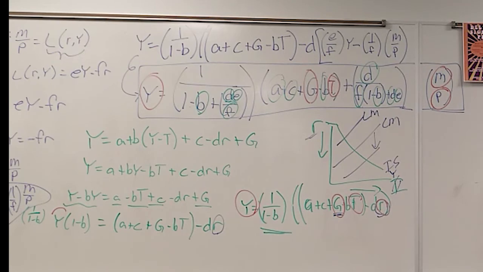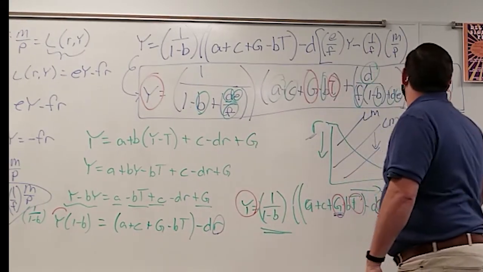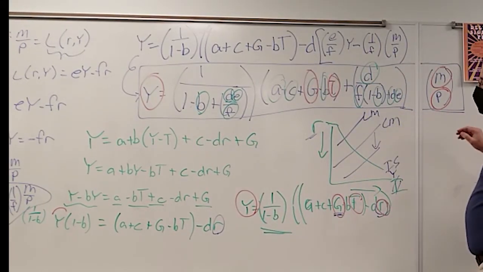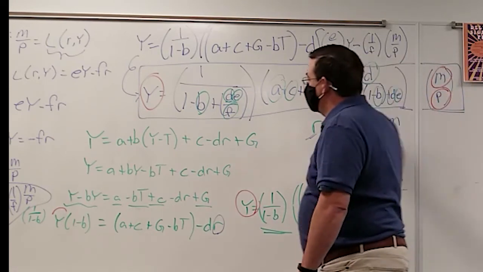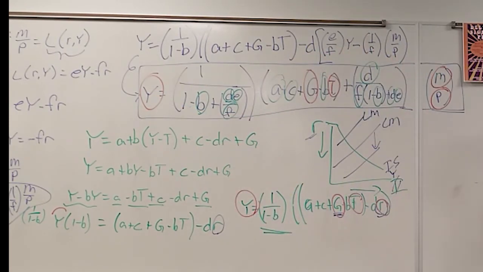We see that the relationship between output and price is indeed inversely related. Price is in the denominator here. So as price gets bigger, Y gets smaller. So we affirm the negative relationship, or the inverse relationship, between price and output.